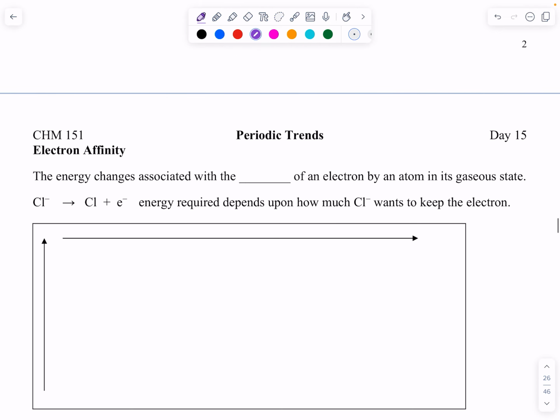Electron affinity. This is the energy change associated with the gaining of an electron. Think energy released. So your example here, chloride, or sorry, that's backward.